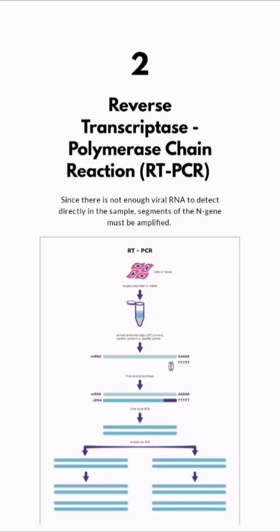Okay, so remember, kanina, yung nag-extend is called reverse transcriptase. Pero ngayon, ang mag-extend dun sa next strand ng complementary DNA is the Taq DNA polymerase. Okay, so this produces a double-stranded DNA copy of the target region of the viral RNA.